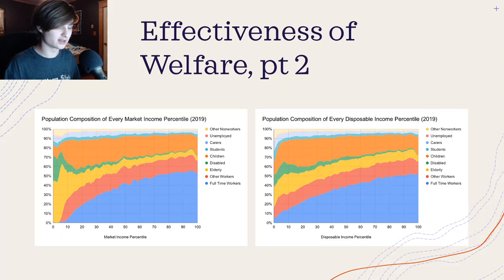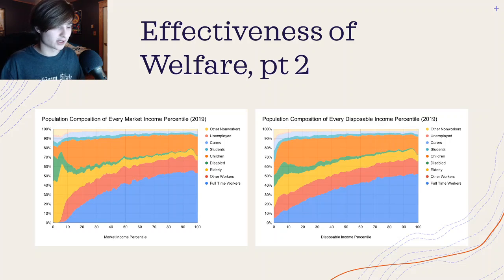Additionally, if we want to look more into the effectiveness of welfare, look at these two graphs. The first graph is the population composition of every market income percentile. The second one is the population composition of every disposable income percentile. So market income is before we take into account the influences of taxes and welfare, and the disposable income is after we take that into account. So we see that before taking into account welfare, elderly people make up over 40% of the very bottom market income percentile.